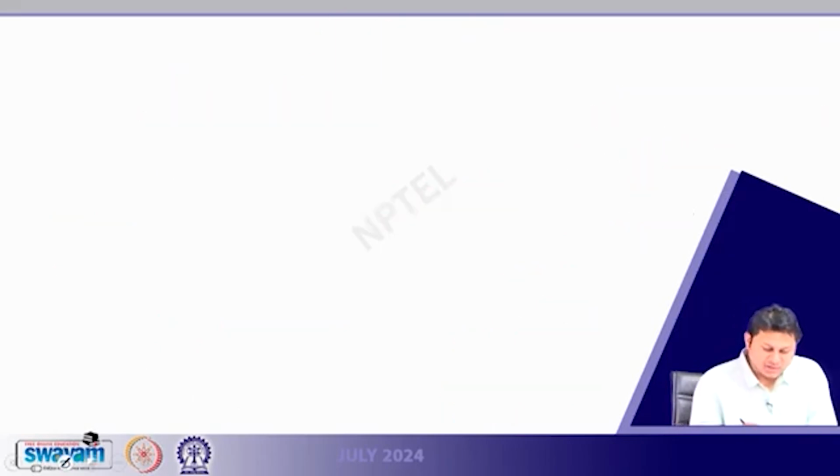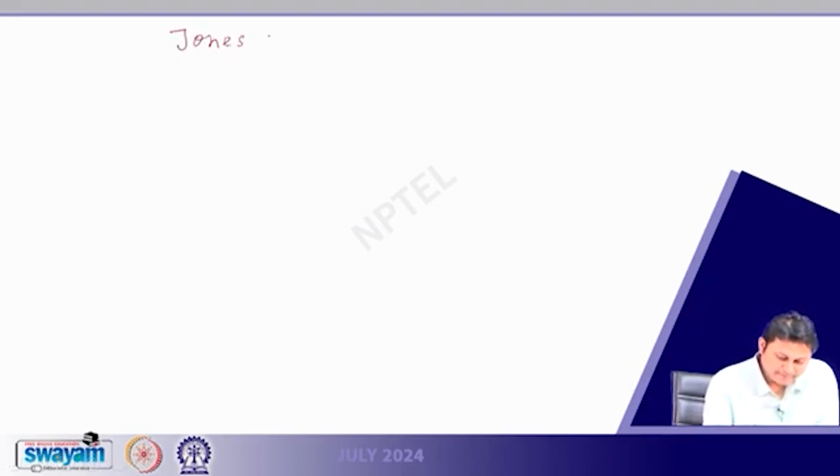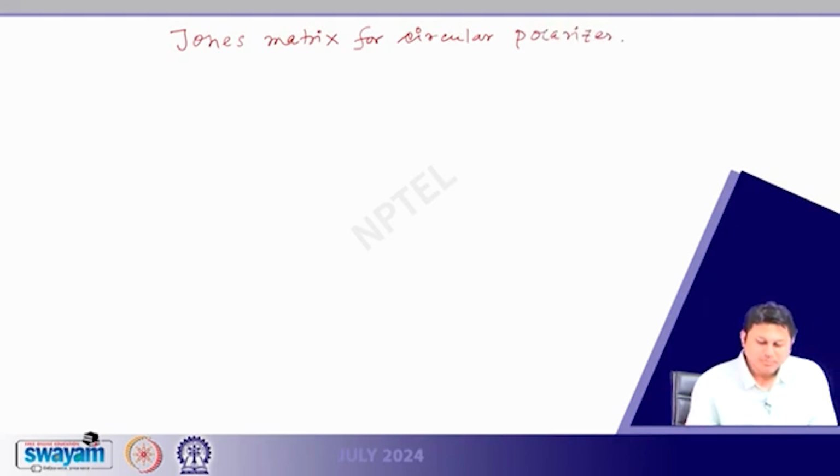and that is Jones matrix for circular polarizer. So what is the meaning of Jones matrix for circular polarizer?